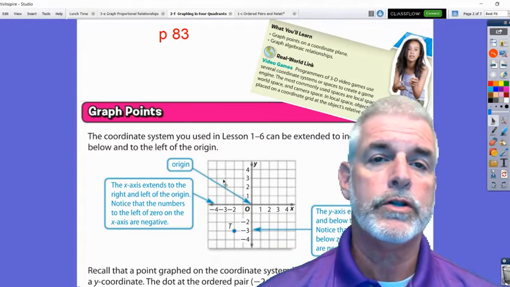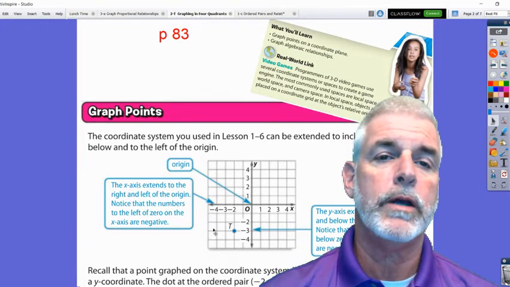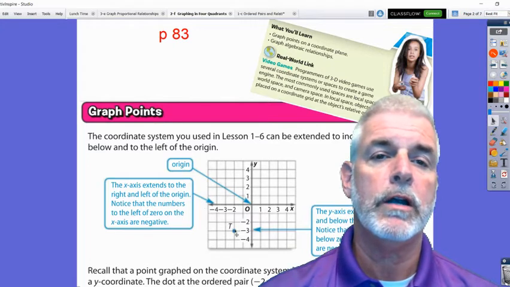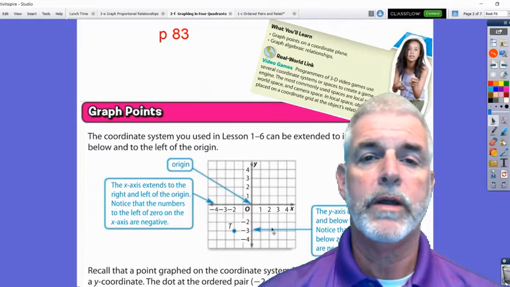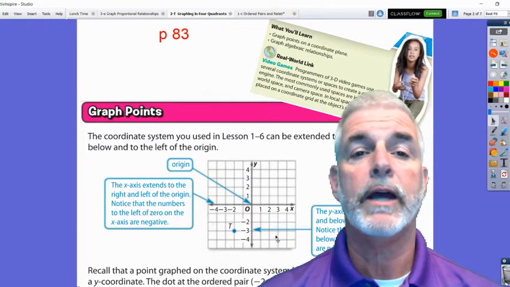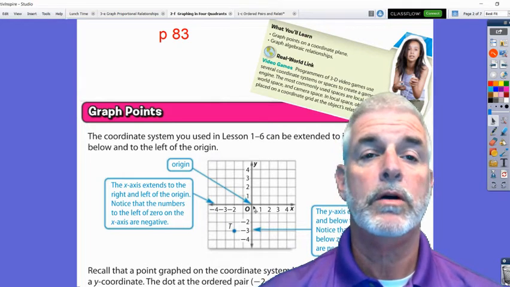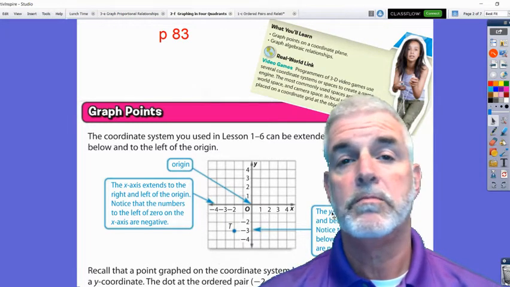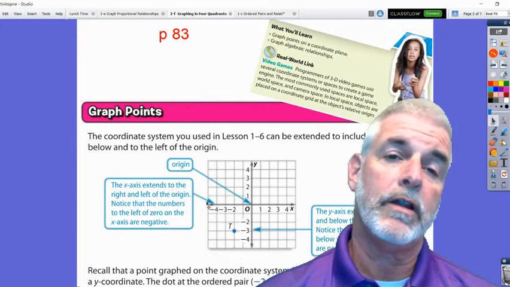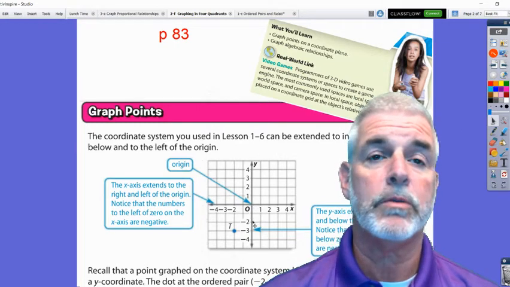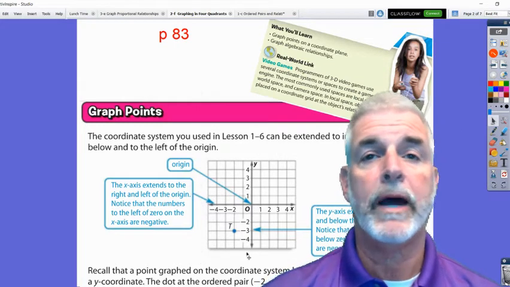Quadrant 2 has negative x and positive y's. Quadrant 3 is where everything is negative, down here. And quadrant 4 is where the x is positive and the y is negative. The origin is in the middle. On the x-axis, positive numbers are to the right and negative to the left, and on the y-axis, positive numbers are up and negative numbers are down.